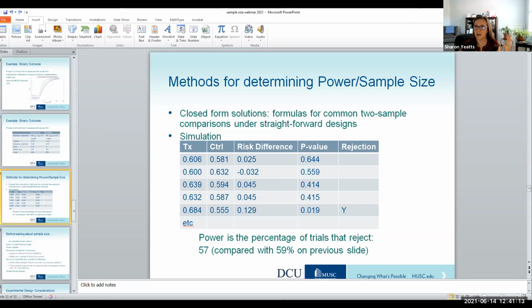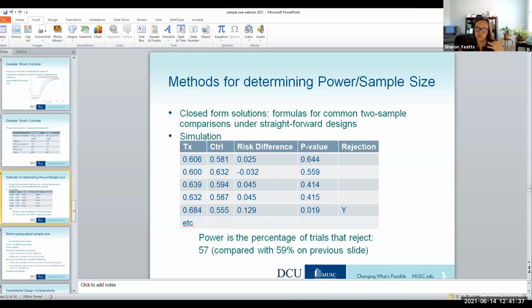So under that trial, I did not reject the null hypothesis. And so then I do it again, and I get now a risk difference of negative 0.03 and a p-value of 0.56. And you can keep doing this over and over and over again and keep track of what those differences are, what the p-value is, and whether or not that would have corresponded to a rejection.